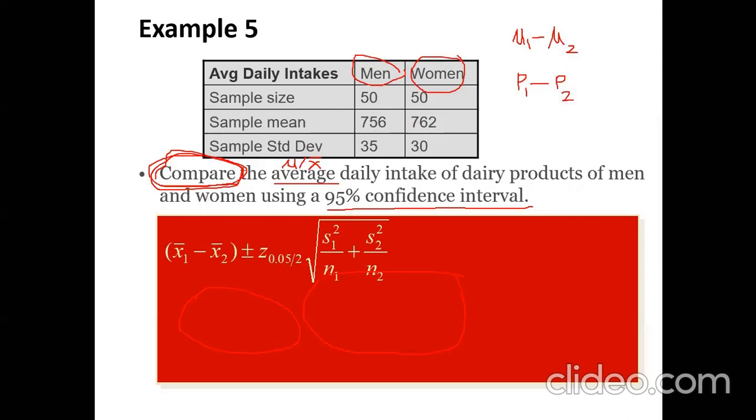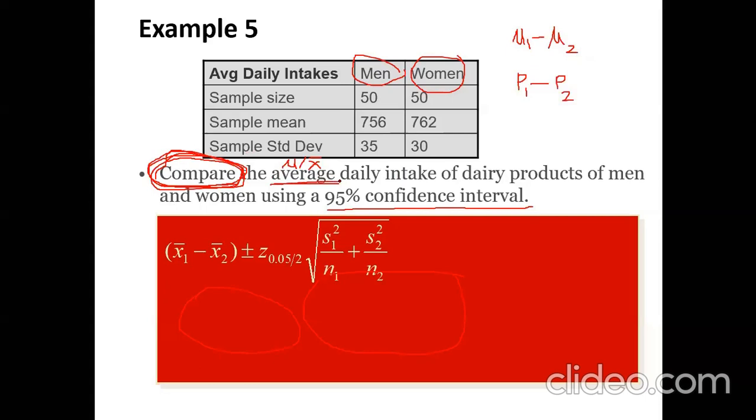So the first keyword here is compare. When we talk about comparison, there must be at least two groups, or two samples. In this question they give you samples of men and women, right? The second keyword is average.